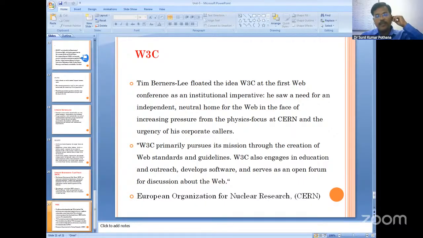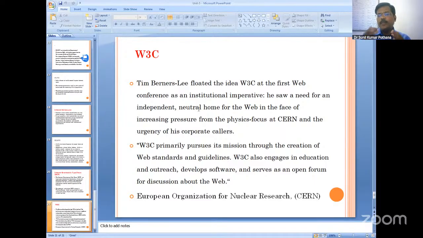So at the first web conference, as an institutional imperative, we saw a need for an independent, neutral home for the web in the face of increasing pressure from the physics focus at CERN and the urgency of its corporate collapse. CERN means the European Organization for Nuclear Research, that is the CERN.